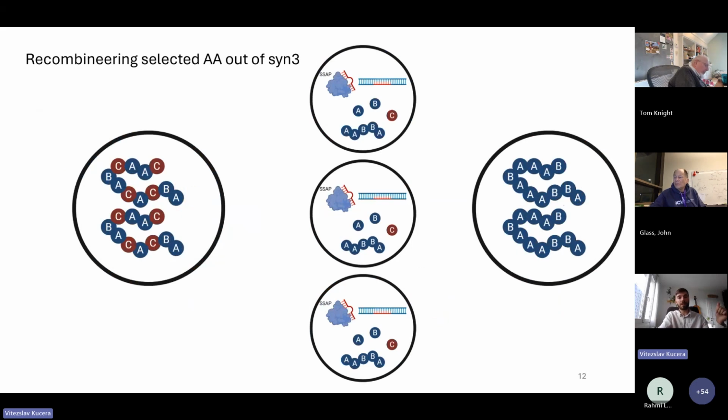This will in turn allow us to do all of these changes inside the proteome of SYN3, and in the end, we will either end up with a cell that is completely reduced on the biochemical level of proteins, or at least partially there, and will show us something about the biochemistry and protein structure of both minimal cells and also the rest of the cells.